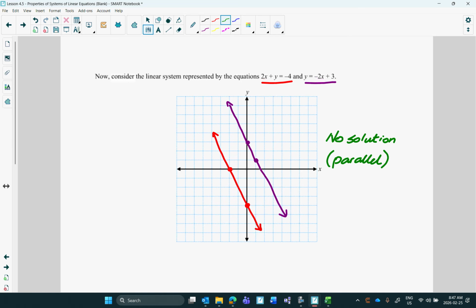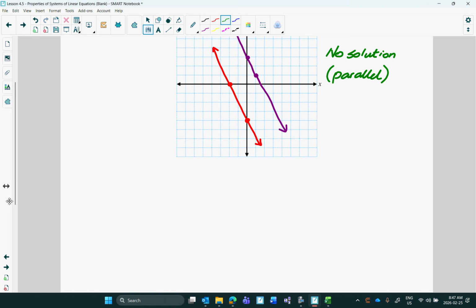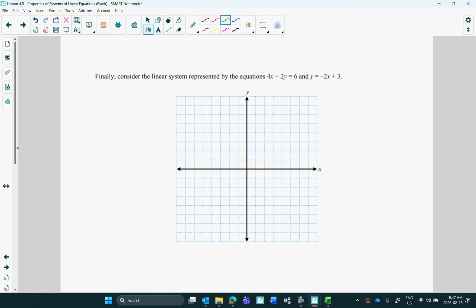The last one. Let's graph these two. So we've already got them graphed. If we do this one using intercepts, we get 1.5, which is not great, but that'll work, and 3.